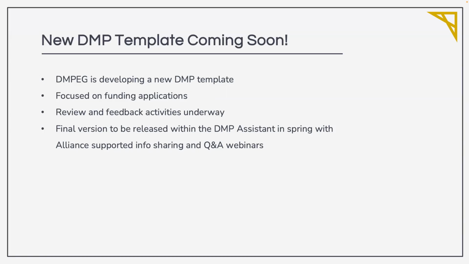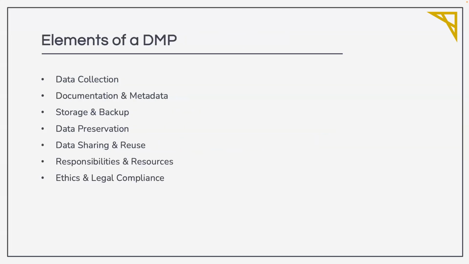It is currently undergoing review and feedback, and I believe the final version is to be released within the DMP Assistant in spring, a couple of months away. It's going to be promoted by the Alliance, with Q&A webinars and various promotions. So if you're interested, keep your ear tuned, and that'll be coming soon.